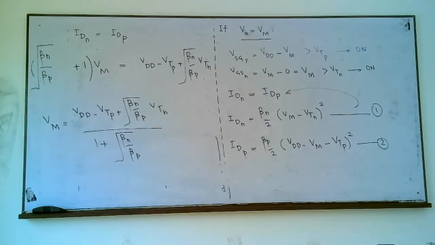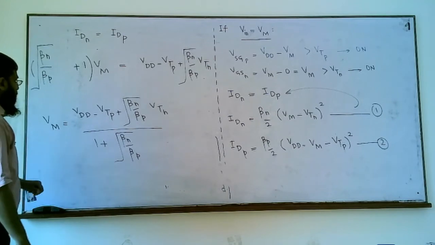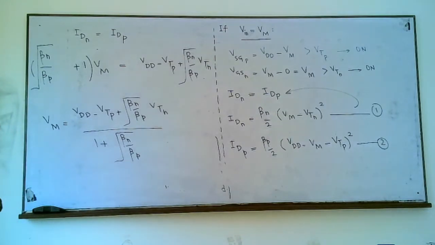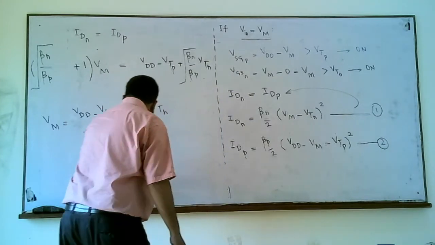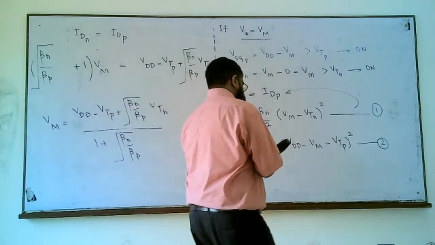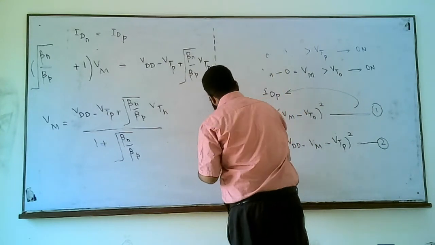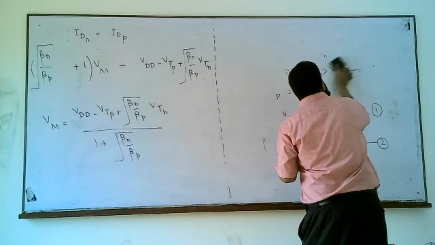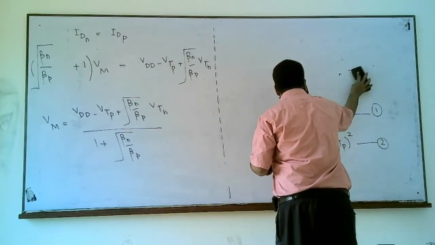Right, so this equation is correct, and we have now derived an expression for VM to compute it numerically. This VM can be somewhere in the middle of VDD. It can be smaller than VDD by 2, equal to VDD by 2, or greater.